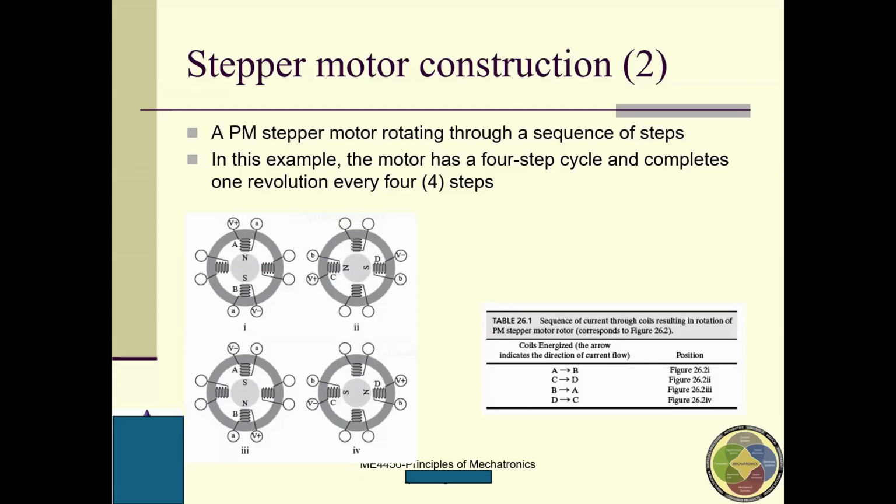Also, as I said, if we keep this energized, then the position will be fixed here until you do something else. Move, stay, do something else, and then you can move again. Questions so far?